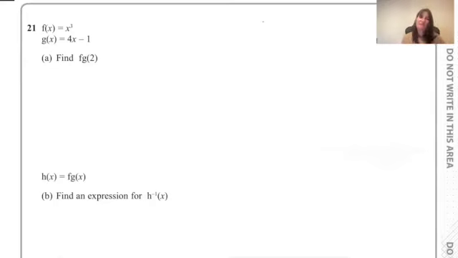Okay, so we're being asked to find the function where g is within the function of f. Now, the way that I think about this is I consider the function of x, because that is the first letter, and we're dropping in g2.